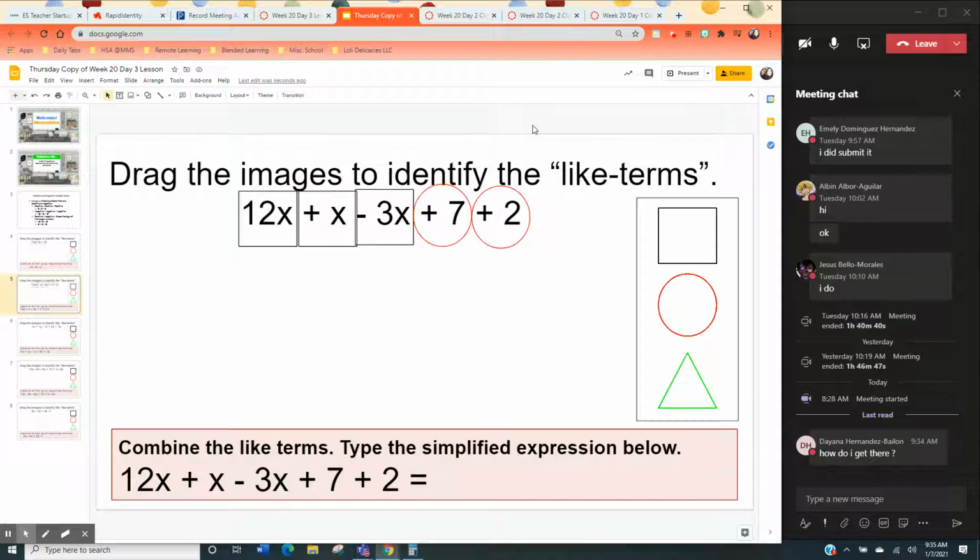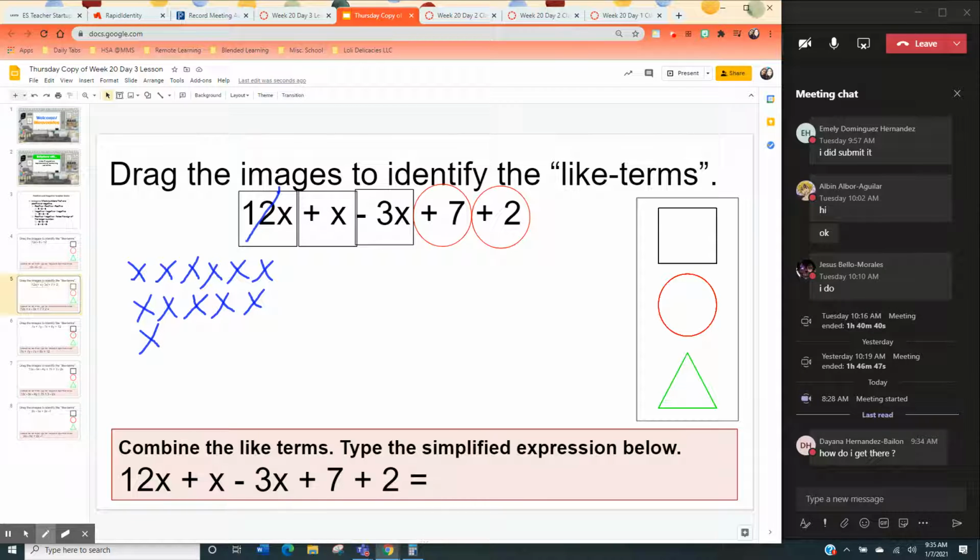So 12x plus x. For those of you that feel more comfortable doing drawings, for my 12x, I would probably do my 12x's: 1, 2, 3, 4, 5, 6, 7, 8, 9, 10, 11, and 12.